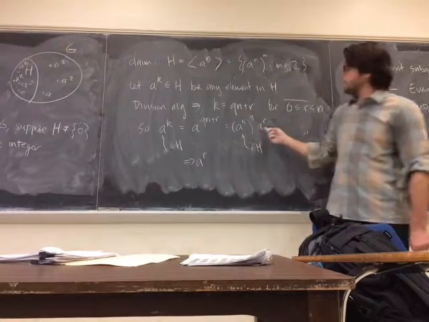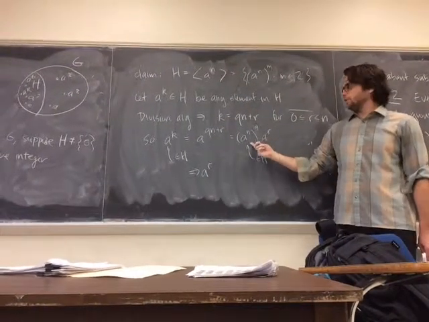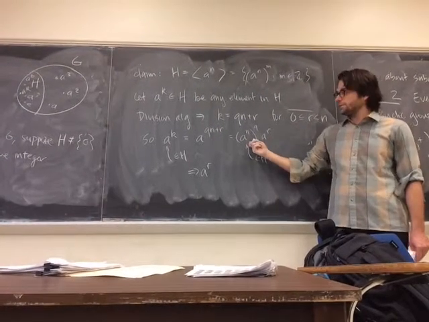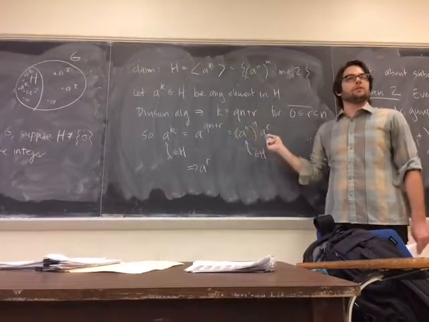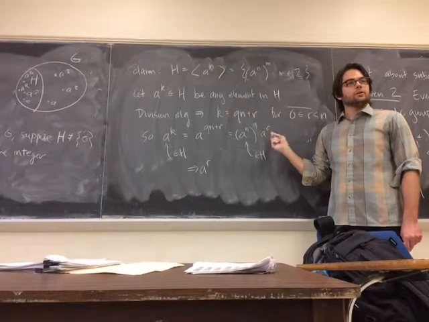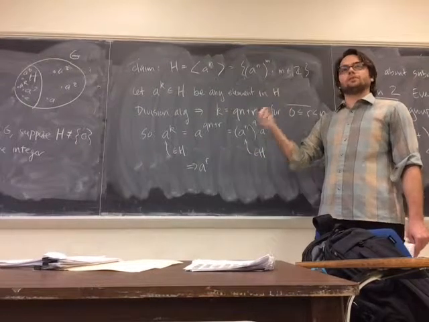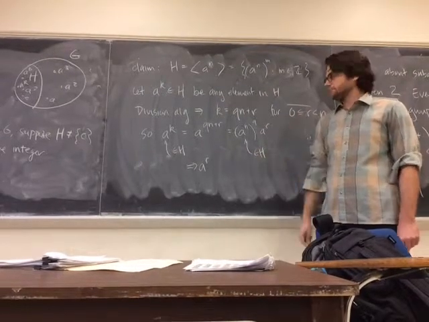A to the R is actually in H because you've got two elements that are in H, and you can multiply by the inverse of this to get rid of it, and you get A to the R. You've written A to the R as something in H times something in H. Subgroups have the closure property.